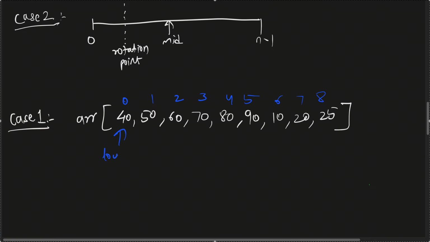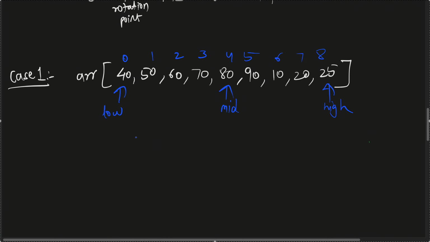This is the lower index, this is the higher index, and to find the mid we know the formula is low plus high by 2, right? So from this case 1, at what point is this array rotated? Here we can see that this is the point at which the array is rotated, right? So this is case 1, where the rotation point lies between mid to high.